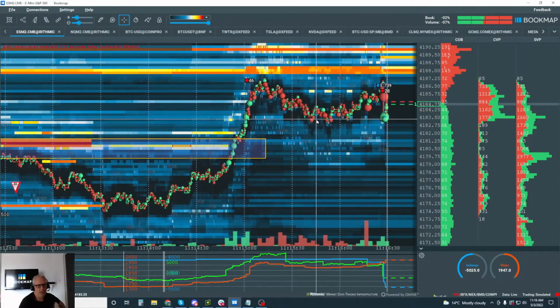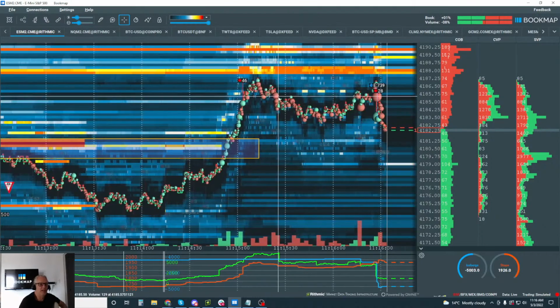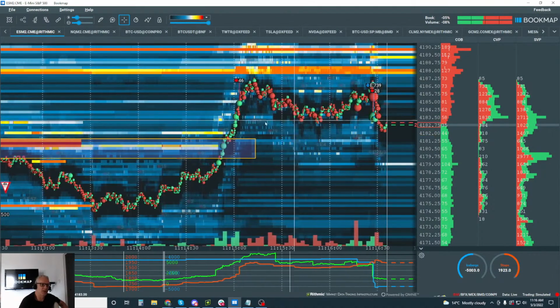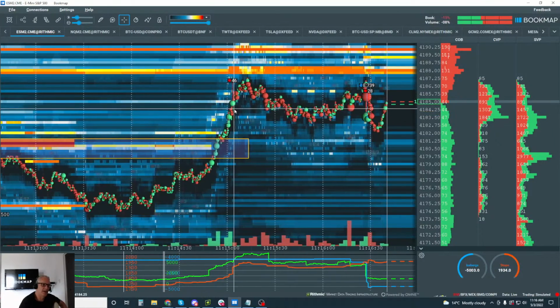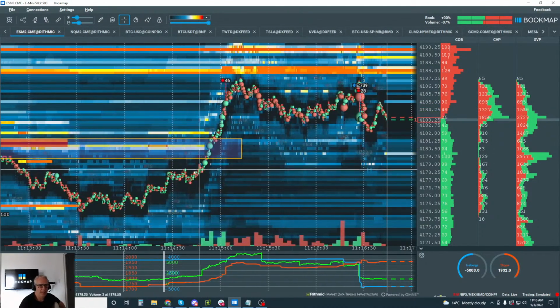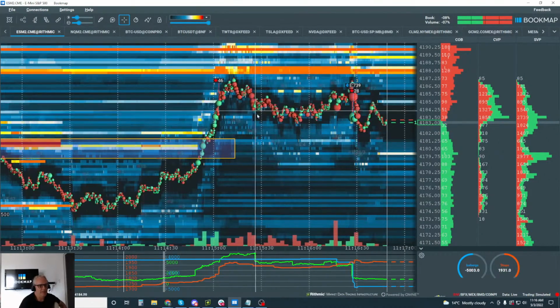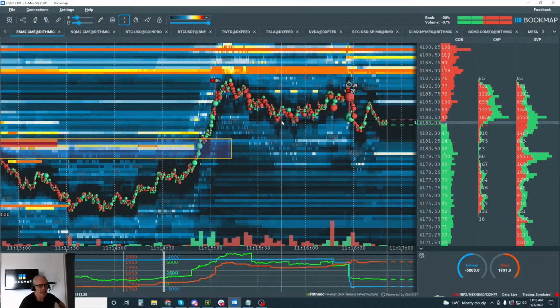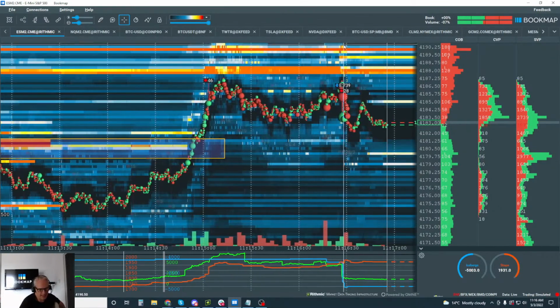So it might be positioning, but in general, just because of the structure, let's suppose these were smaller dots in here, and let's suppose the green dots in here were bigger. This would be a beautiful example of some profit taking. Okay, buyers moving away, they're moving the market, profit taking, slow dribble back down, and then looking for buyers to come in again and take this higher.